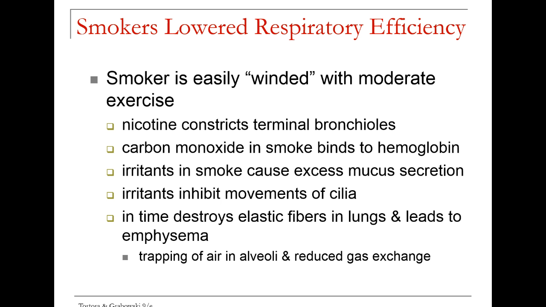Another thing is smoking, the act of burning something, usually has incomplete or partial combustion. And from that, you're going to get carbon monoxide. Now, carbon monoxide is dangerous because it binds to hemoglobin even better than oxygen. So a person could die from suffocation, not being able to get enough oxygen, by inhaling carbon monoxide.